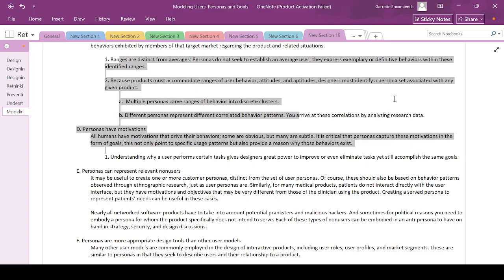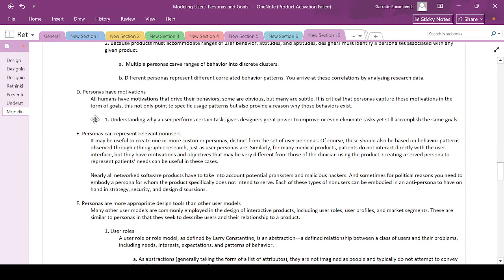So different personas have different correlated patterns based on that behavior. You arrive at this correlation by analyzing the research data you got from goal-directed research.